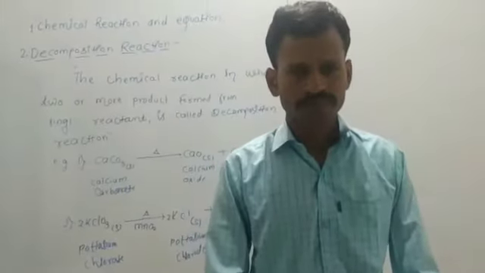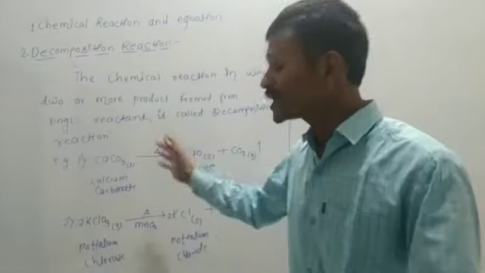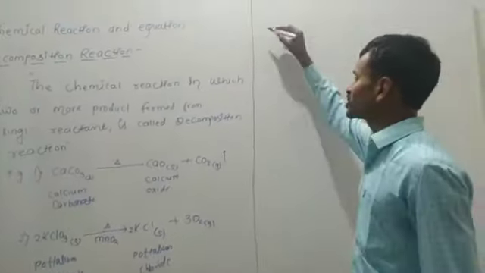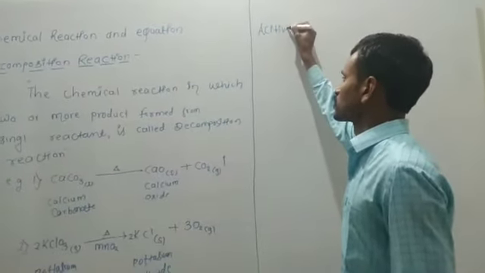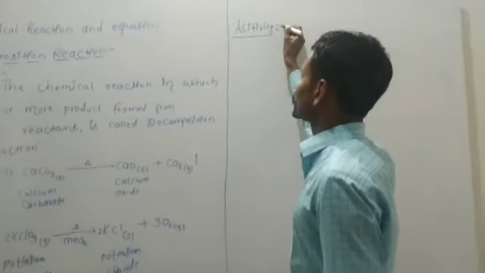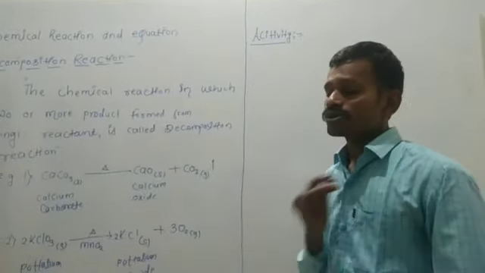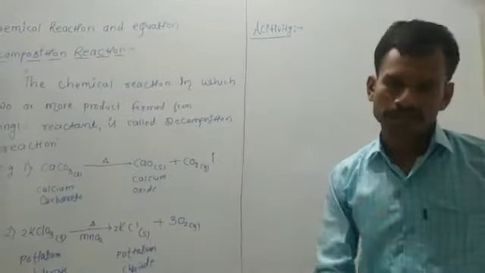In the NCERT book, we have given one activity based on the decomposition reaction. That activity we will study now. The activity is actually a type of experiment, to study decomposition of ferrous sulfate.